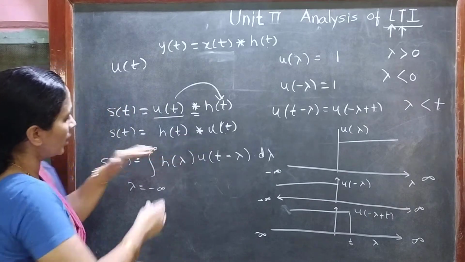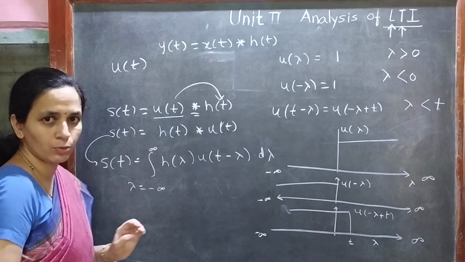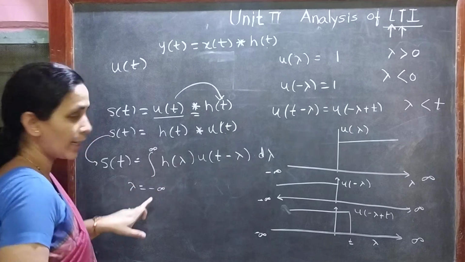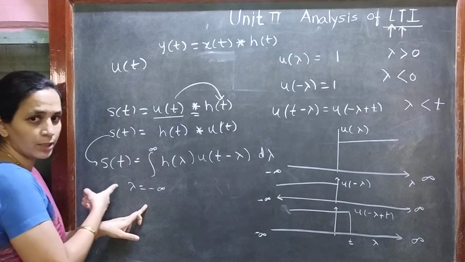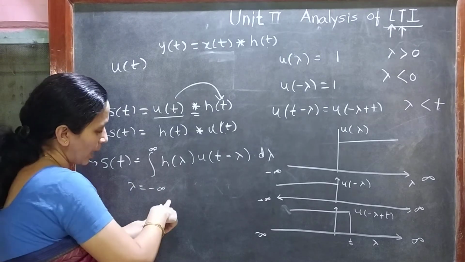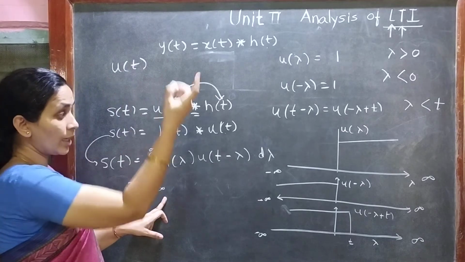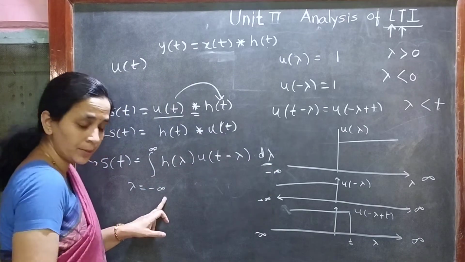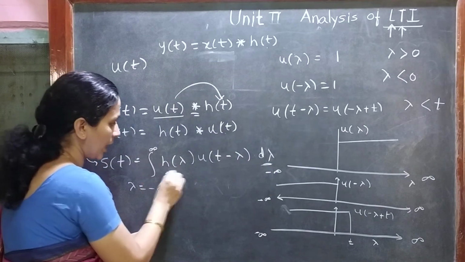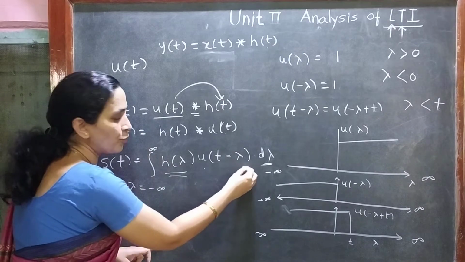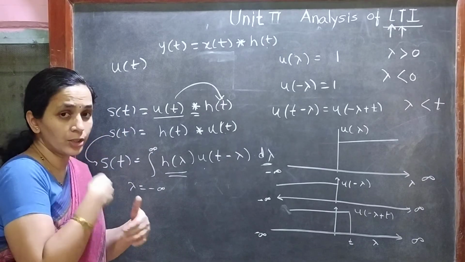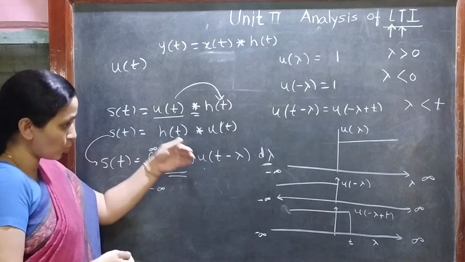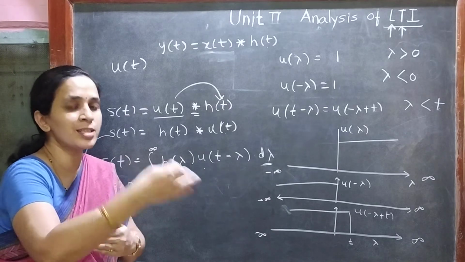Now, if I want to expand this equation in terms of the convolution integral, I can write s of t is equal to the integral from lambda equals minus infinity to infinity, right, now we are in the lambda domain, of h of lambda into u of t minus lambda. The other way round, it can also be written as u of lambda into h of t minus lambda.